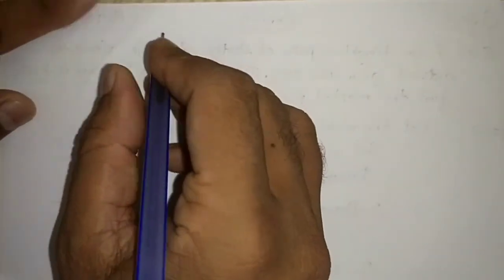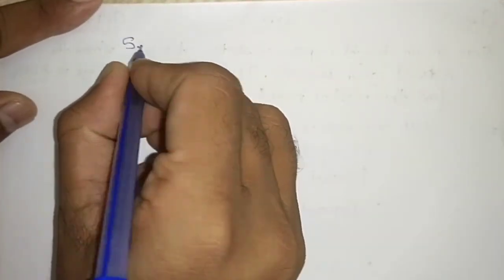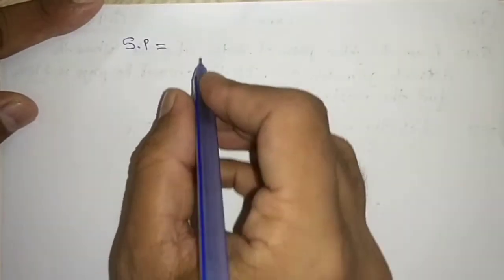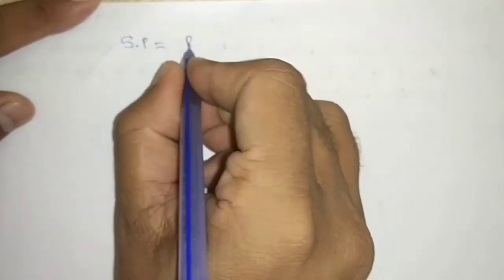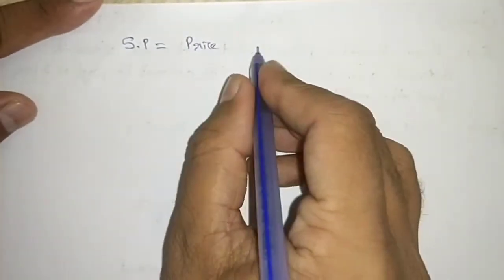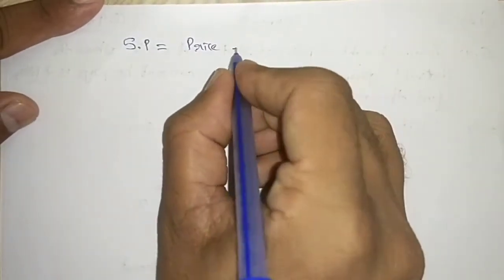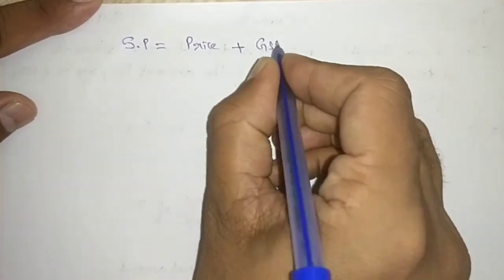Now since we have to find the original price, that is the price before GST, we will write like this. Selling price is equal to price before GST, that is the price which we have assumed as X, plus GST amount.